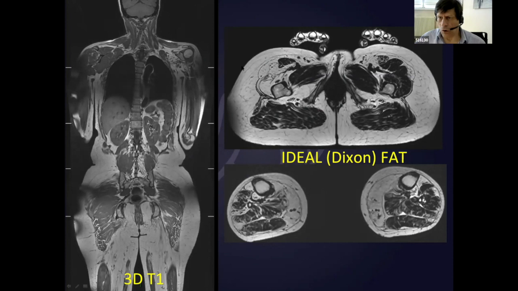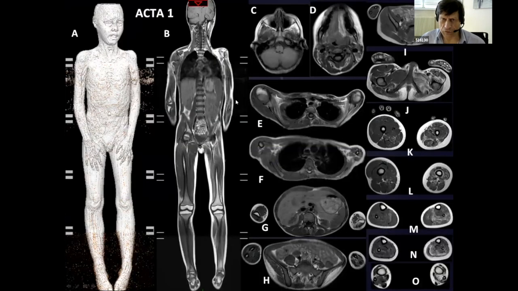In the upper part of the thigh, you can see a very asymmetrical involvement. Here it is very fatty replaced, and here it's quite normal. This type of asymmetry is very evocative of facioscapulohumeral dystrophy.